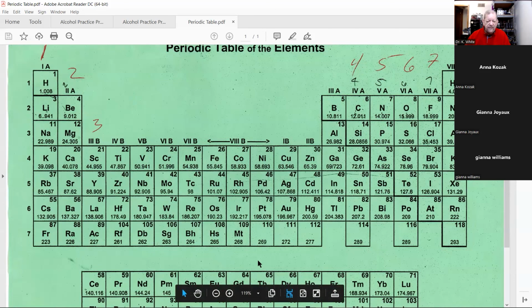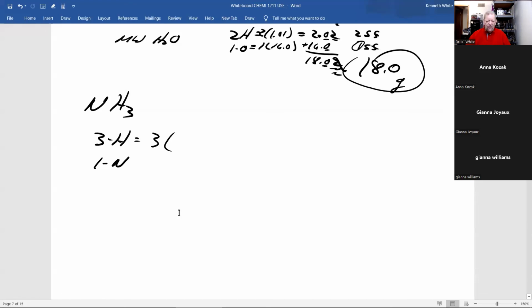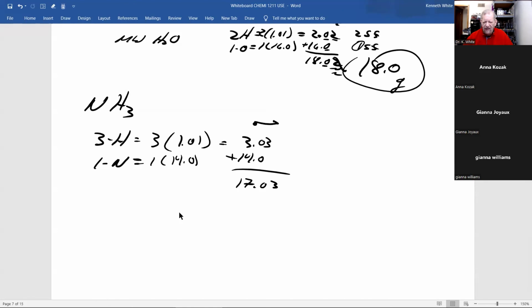And remember, the molecular weight: this is 1.01 times 3, plus 1 times 14.0. I'll do the math. Add it up. Now, again, remember, you have the same number of significant figures to the right of the decimal in your answer as the number that has the fewest significant figures to the right of your decimal.